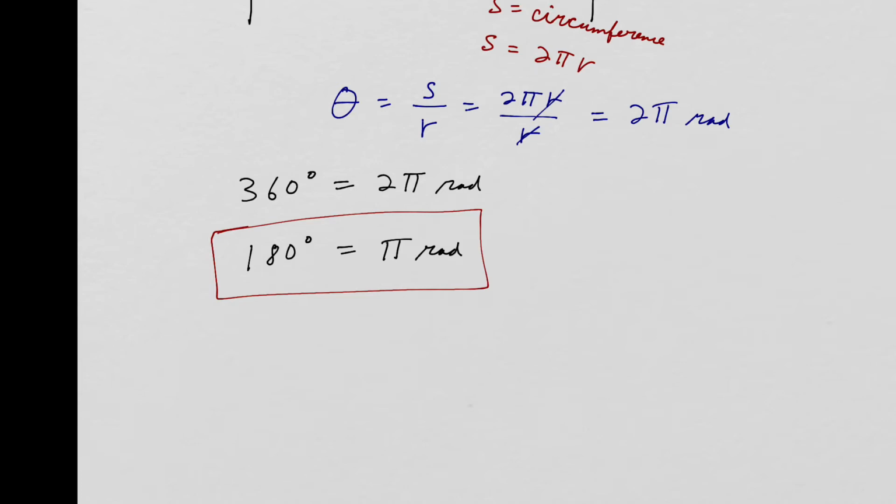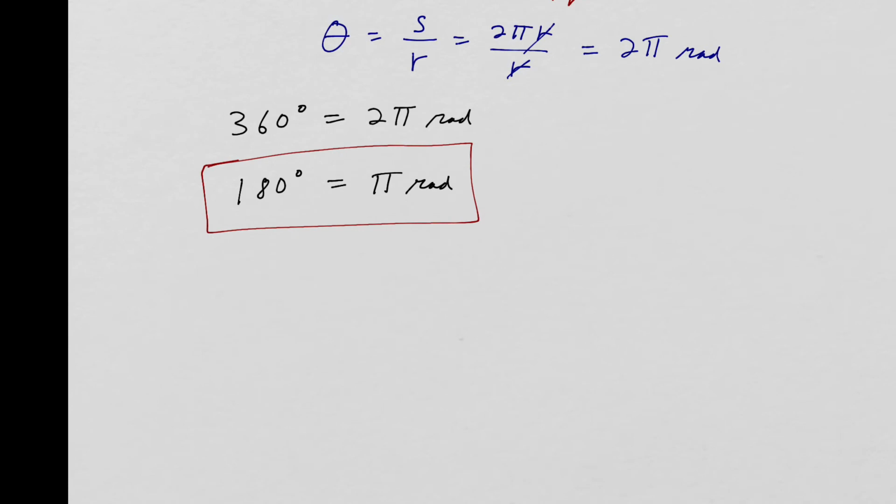Okay, so how do we use that conversion factor? Well, if I divide both sides by 180 degrees, I can write this as pi radians over 180 degrees. Or if I go the other way, divide by pi, I can write this as 180 degrees divided by pi radians.